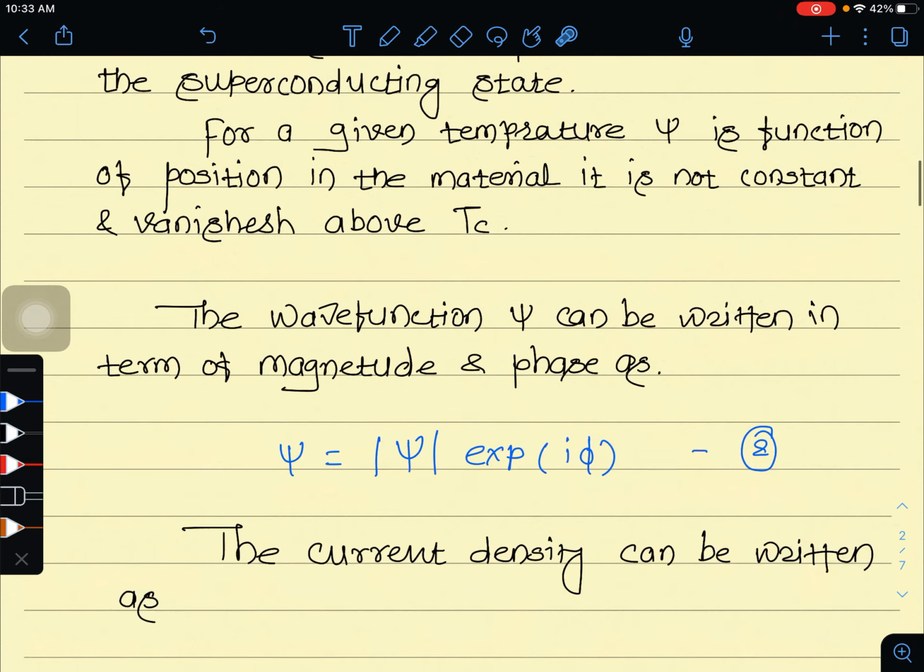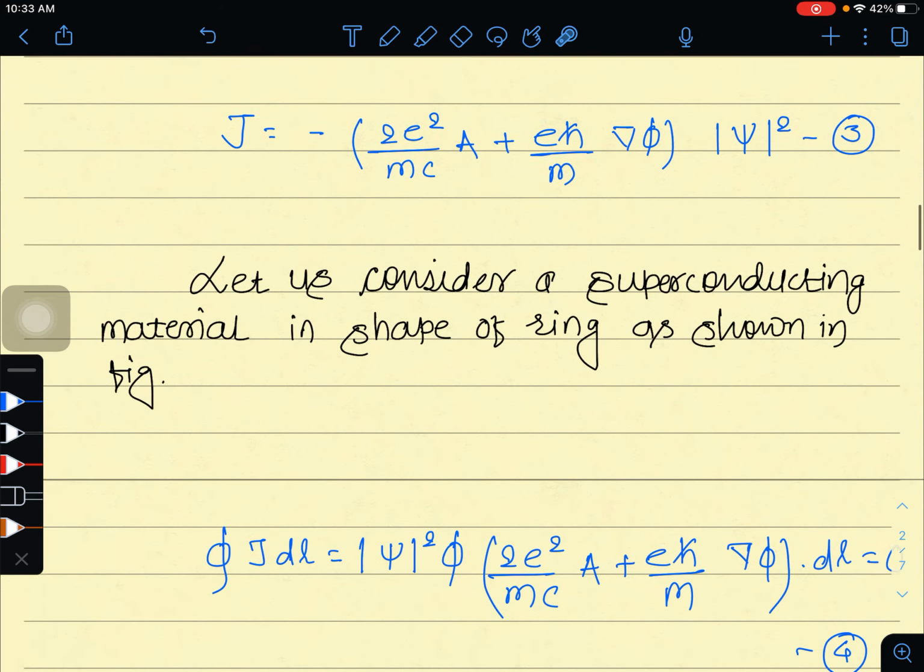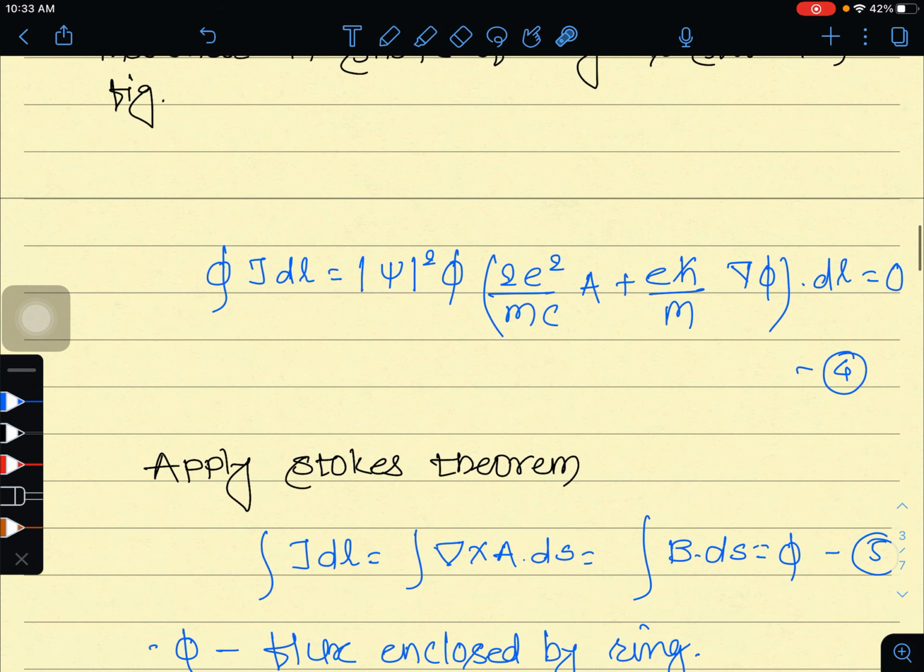The integral over the closed loop of J dl is equal to mod of psi square times the bracket of twice e square upon mc times A plus e h cross by m times del phi, dl, and this is nothing but 0.